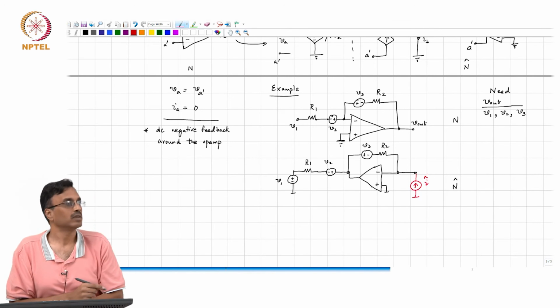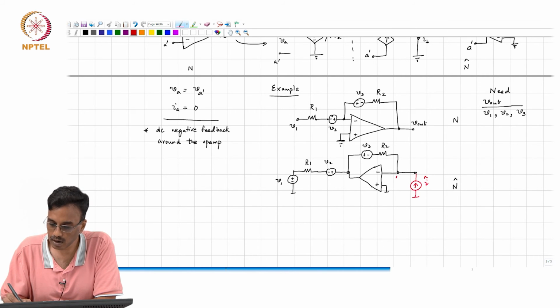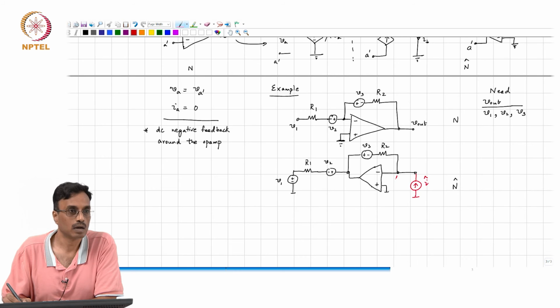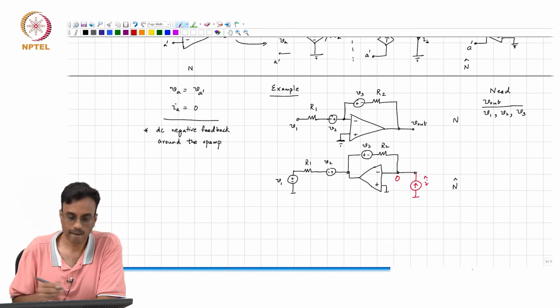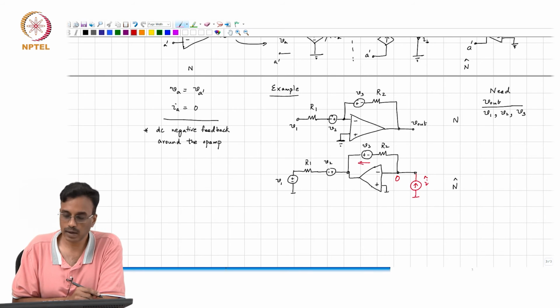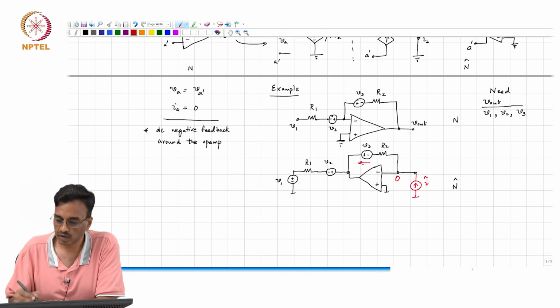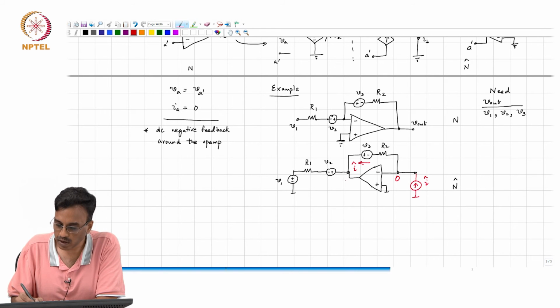So, now this is standard circuit analysis. Where does all that I flow? What is this potential, by the way? This is the virtual ground of the op amp, that is 0. So, where does I hat flow? So, this is I hat, and what is this voltage?